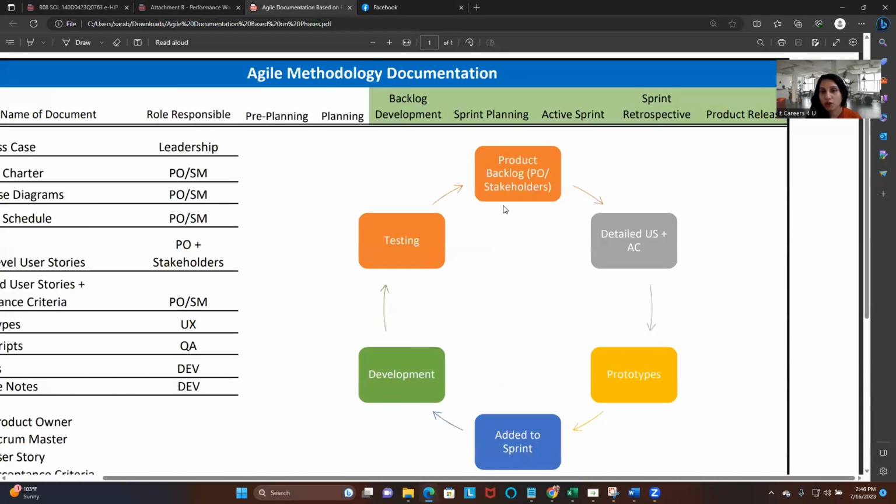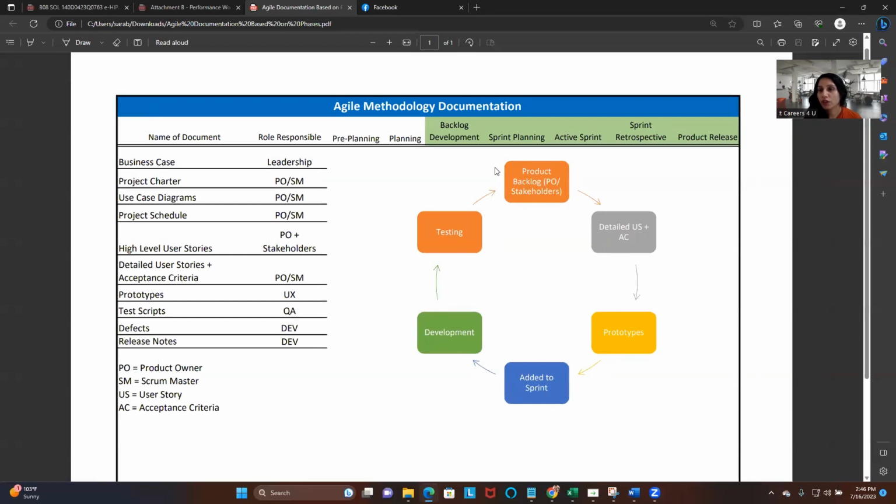So generally, as you know, Agile in itself is very iterative, right? We generally have a product backlog of requirements. From our product backlog, things that are highly prioritized go into the sprint backlog. From the sprint backlog are the key user stories that we complete in 2 to 4 week sprints, depending on how your organization has them.